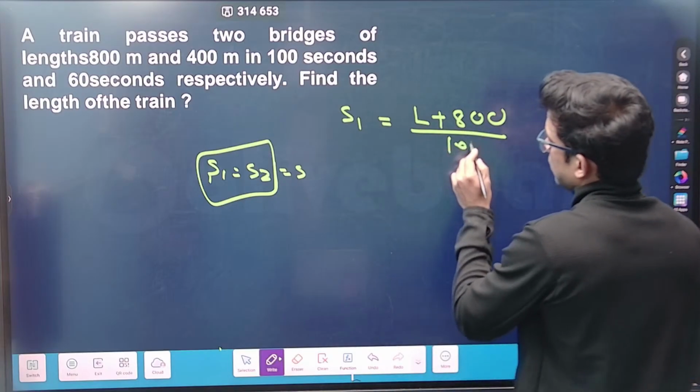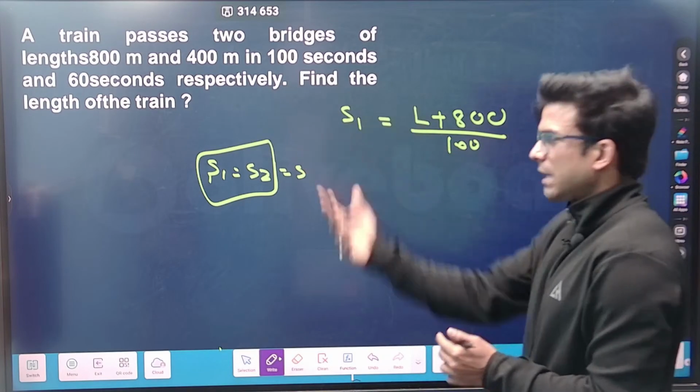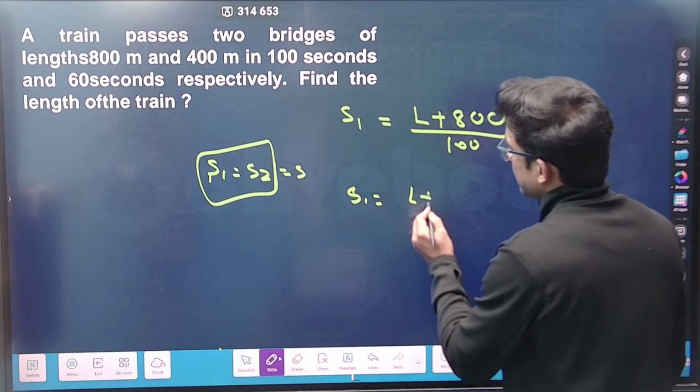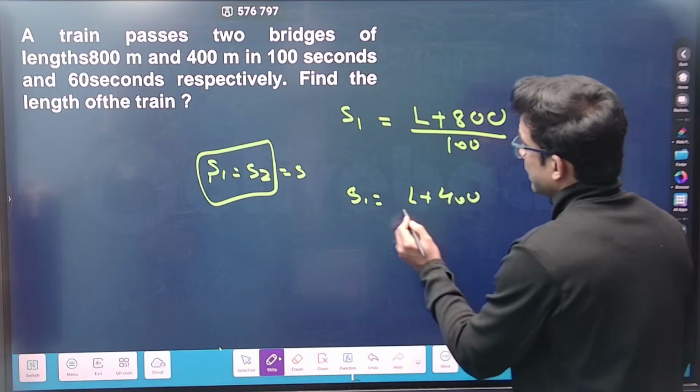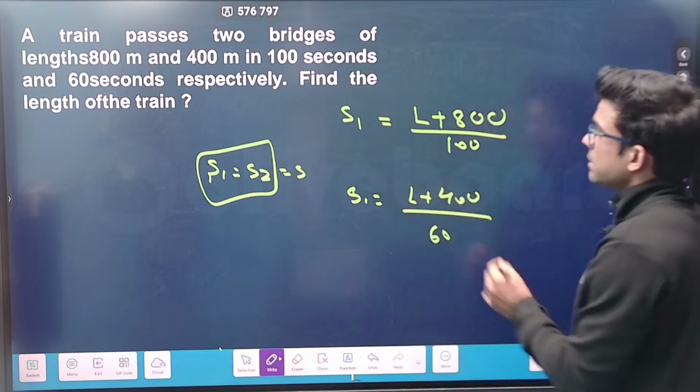Correct? Fine, everyone. Now I am taking the speed the same, so S2 is that the train crosses L plus 400 in 60 seconds, correct? Now guys, imagine the train is the same, so they both are equal.